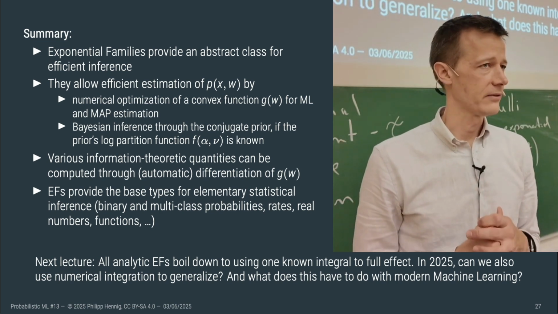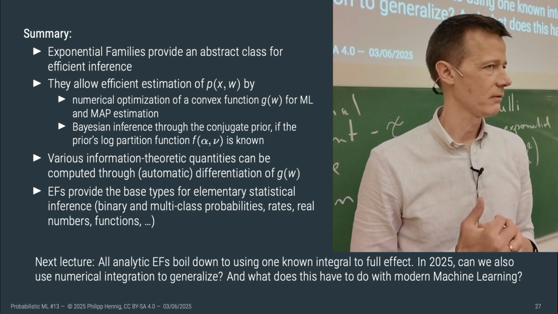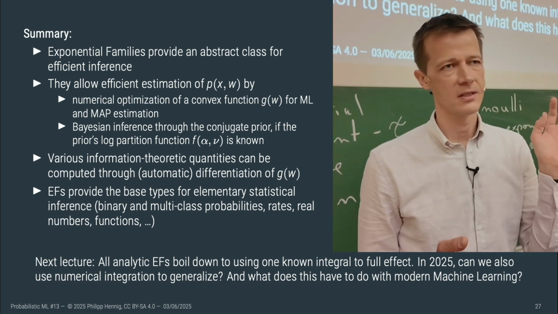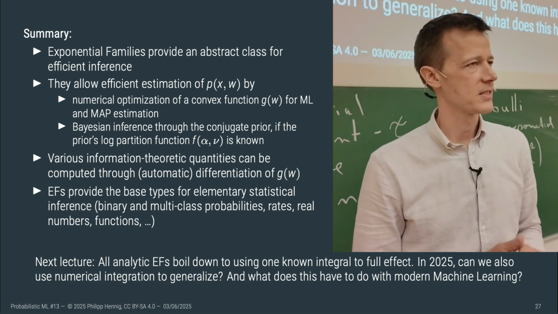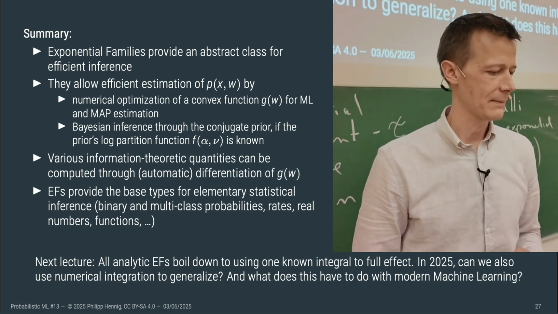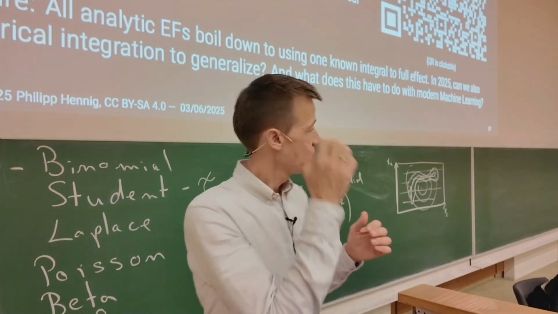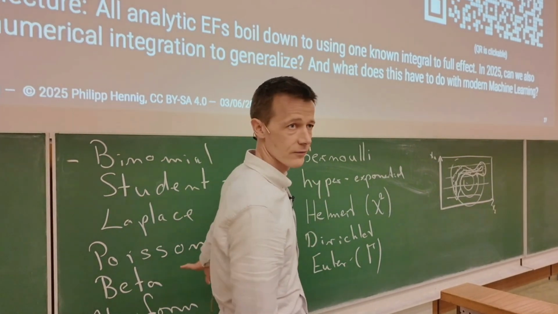And in addition to that, we get as a little extra bonus all sorts of other information theoretic quantities, like Kullback-Leibler divergences, Fisher information matrices, scores, and so on, all as methods that can be automatically populated for this abstract base class.